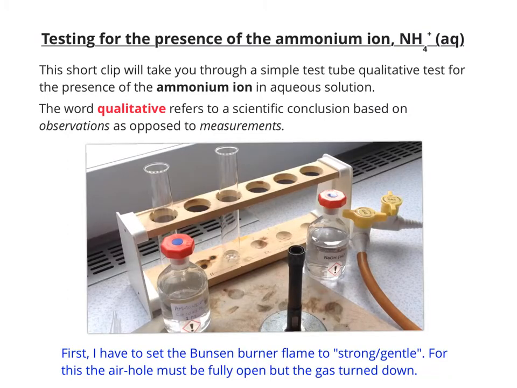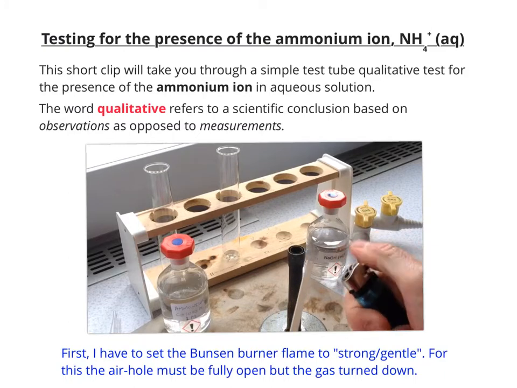So in the first part of the film demonstration, I have to set the Bunsen burner flame to a combination of strong and gentle. So I switch the gas on and light my splint.